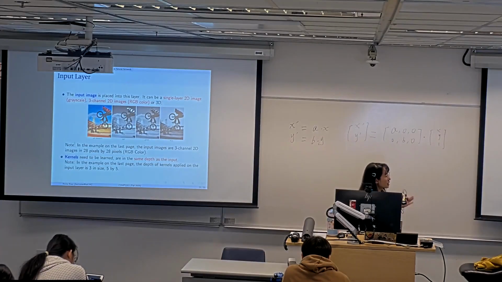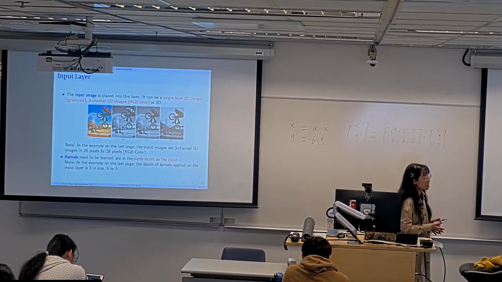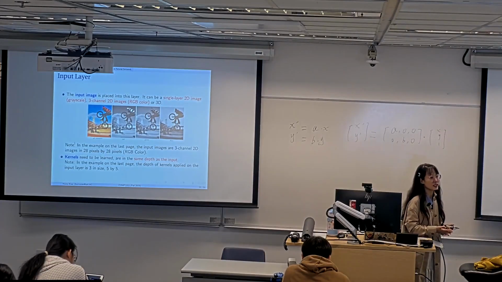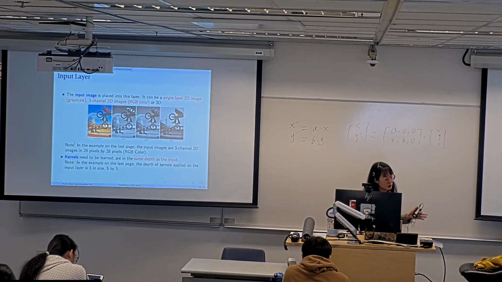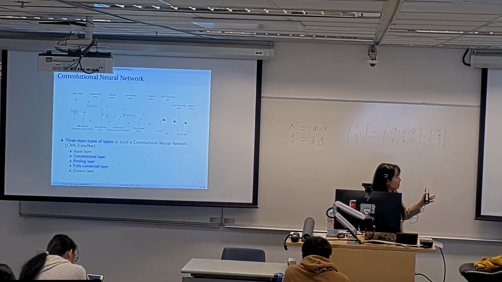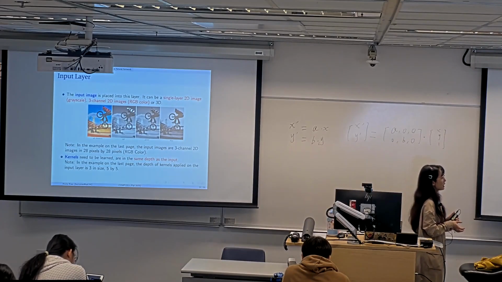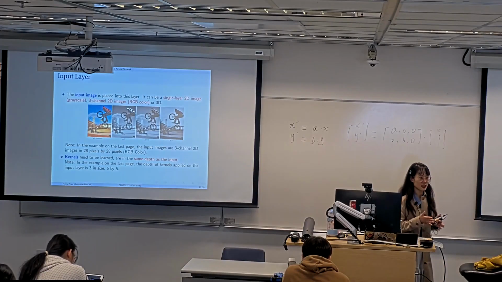Now in the example here, the input images are 3-channel 2D images. The size is 28 pixels by 28 pixels, and it's RGB color because the channel is 3. Then the kernels in the convolution layers need to be learned. The kernels must have the same depth as the input.